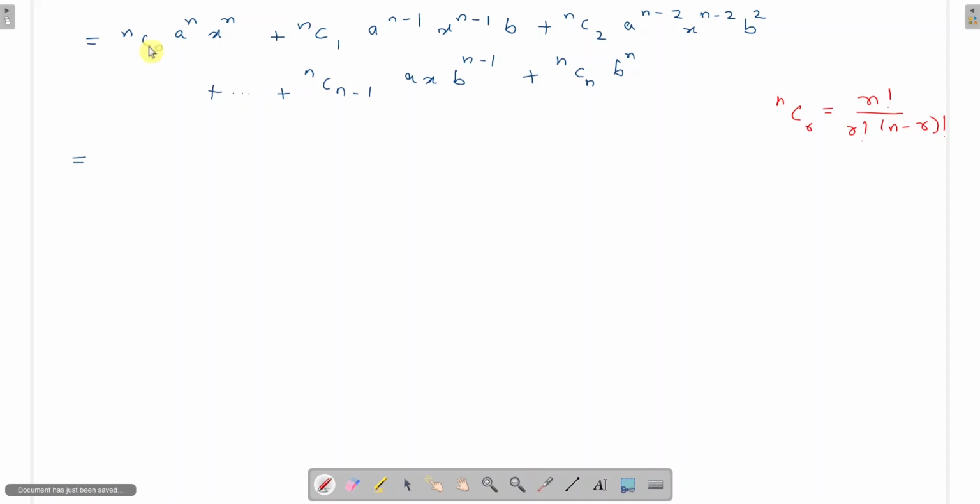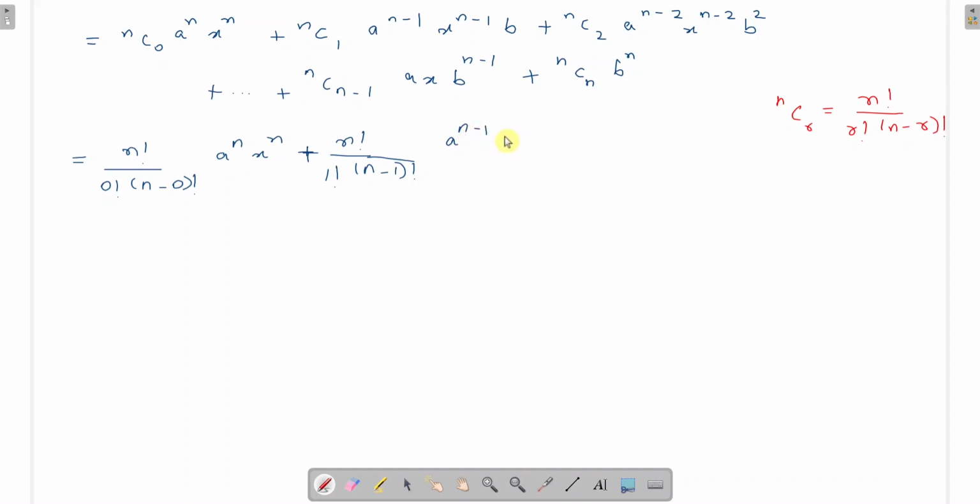So we have to use it here. So we will get n factorial divided by 0 factorial times n minus 0 factorial, a raised to n x raised to n, plus here it will be n factorial divided by 1 factorial times n minus 1 factorial, a raised to n minus 1.